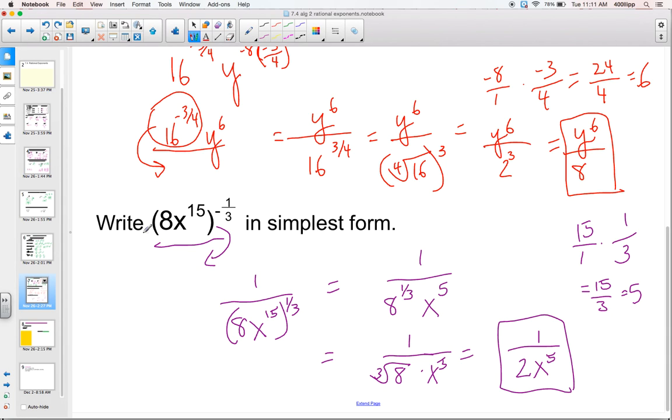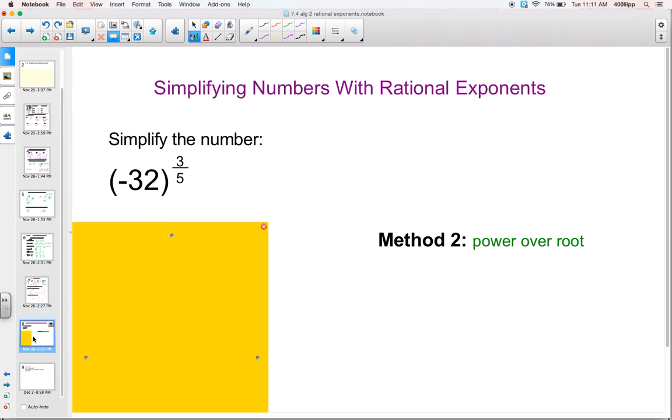Okay, obviously there's different ways to do these problems. The book will show you another way. But we're going to stick with power over root. So just to show you this way with using power over root, which is what we've been doing, we'll just do this one. So negative 32 to the 3/5.